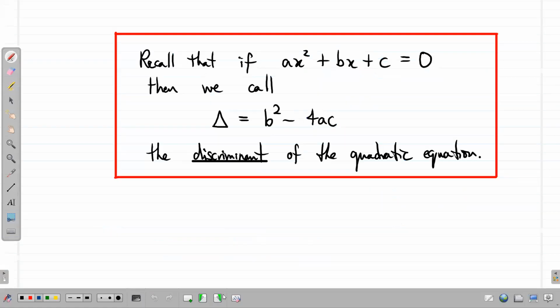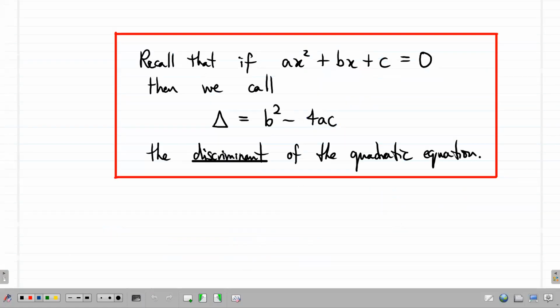So sometimes your quadratic equation will have the square root of a negative number in it when you apply the quadratic formula. In that situation, you have what are called complex roots, but no real roots. So let me just remind you what the discriminant of a quadratic equation is. We've seen it before.